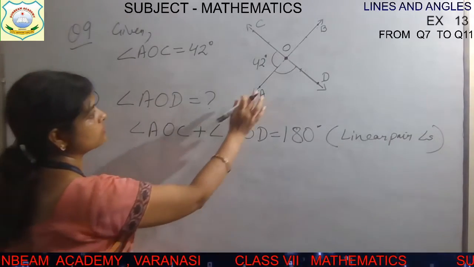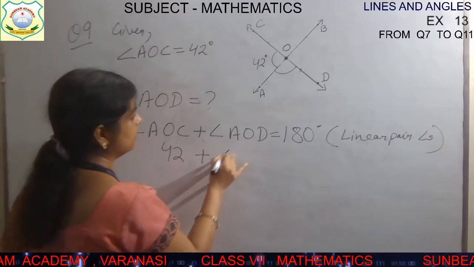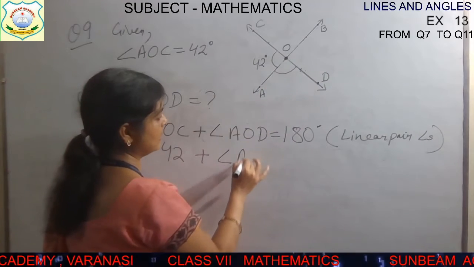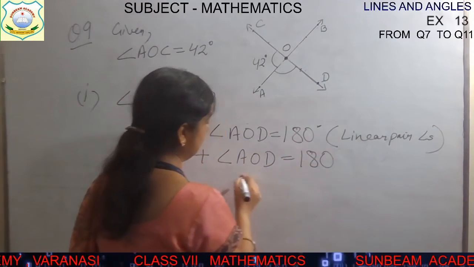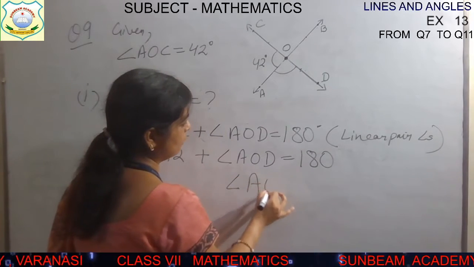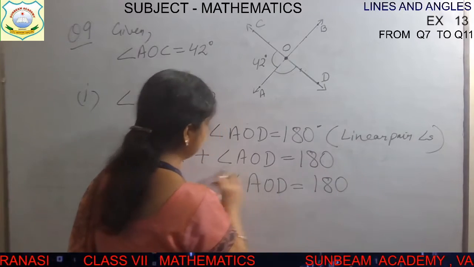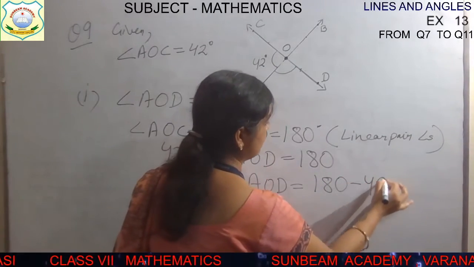Is AOC given? Yes, AOC is 42 degree and AOD is not given to us, children. So we will write AOD as it is. AOD is equal to 180 degree. Now separate AOD on this side only. 180 is already on that side. Now this 42 will transpose to that side, minus 42 degree.